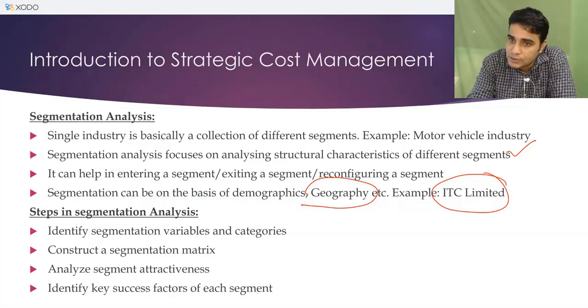Their products can be sold to different people. They also have multiple products. ITC has a presence in hospitality, tobacco, and FMCG products. So they have multiple segments, and they may decide to reconfigure one of these segments.